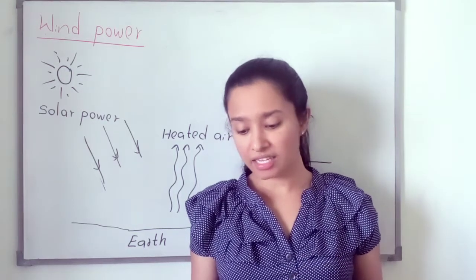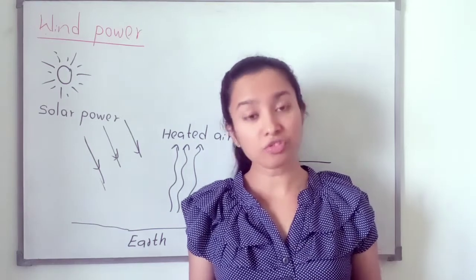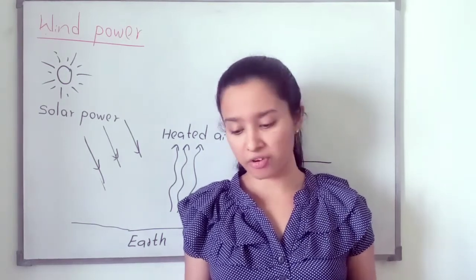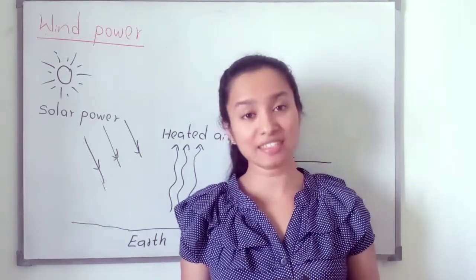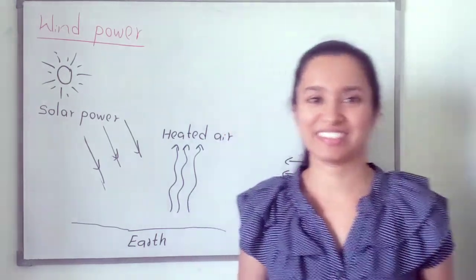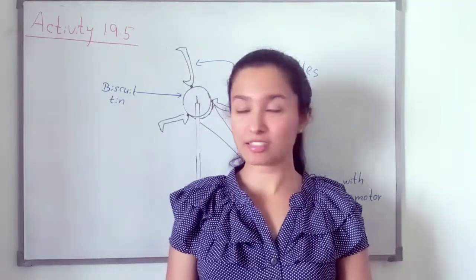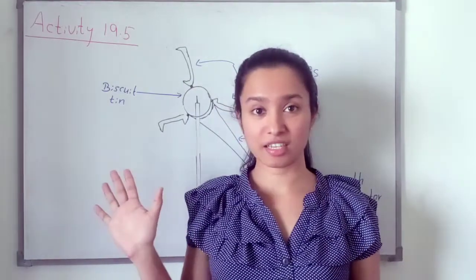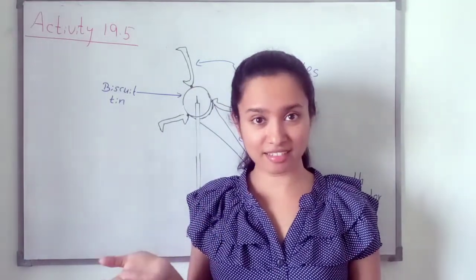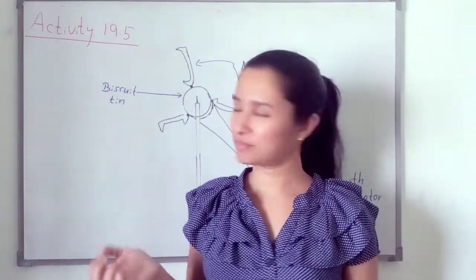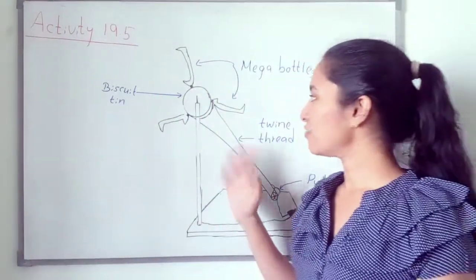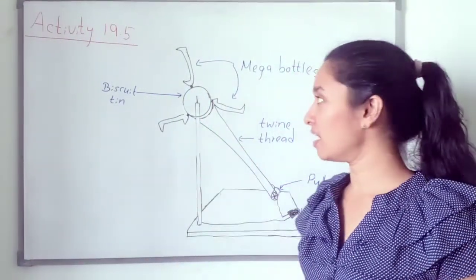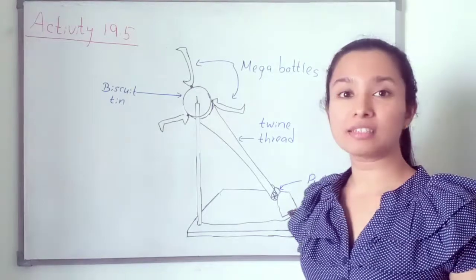Okay, to get an idea about how to generate electricity using wind power, we can do this activity 19.5. Here we are going to discuss how to generate electricity using wind power. First we have to prepare a small turbine.